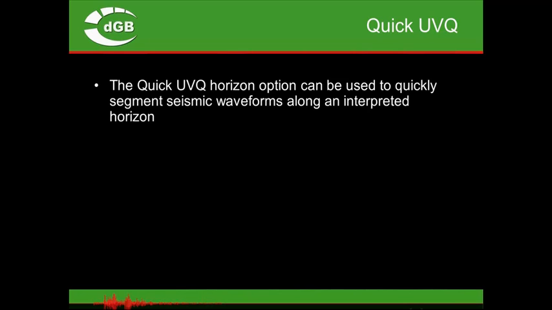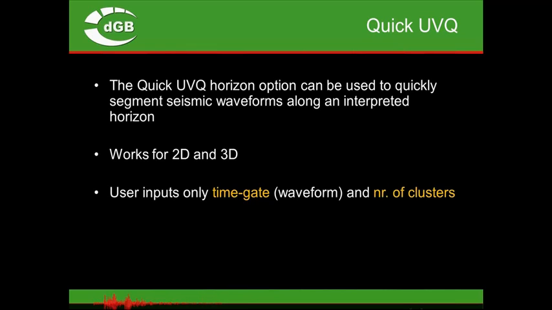It can be used quickly to segment seismic waveform along an interpreted horizon, and it works for 2D as well as for 3D horizons. The user inputs only the time gate, which can be a waveform, and the number of clusters, like I explained in the workflow.